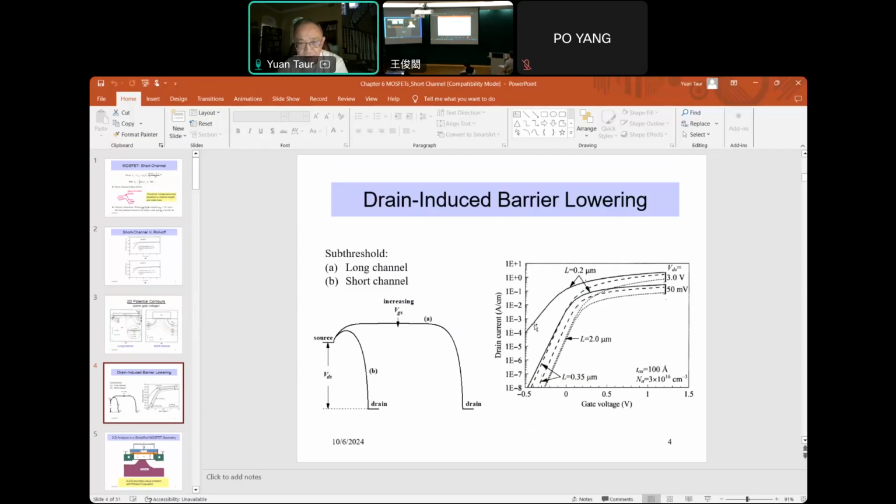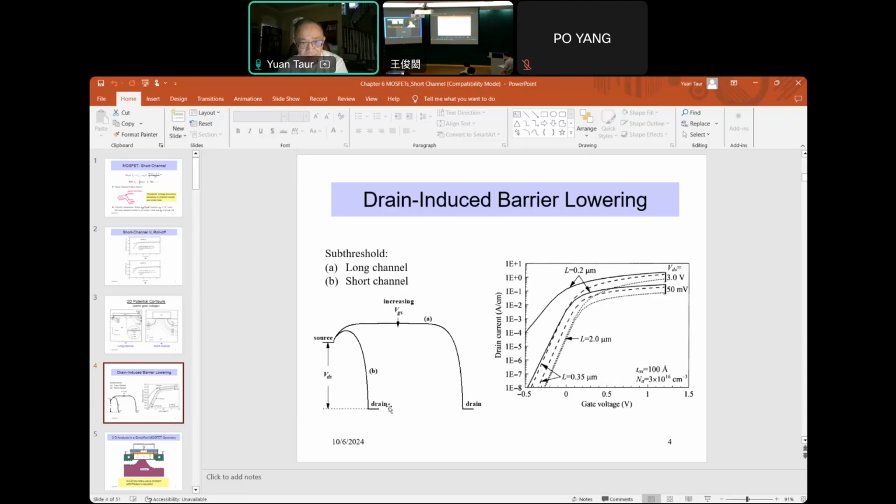This is a reflection of the gate losing control of the current. If you have a steeper slope, that means the gate can control the current exponentially, essentially. But once you have 0.2 micron and VDS equals 3 volt, the gate is losing control to the drain.